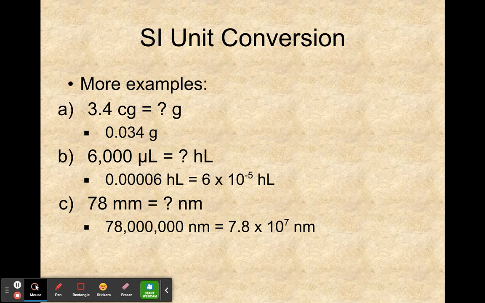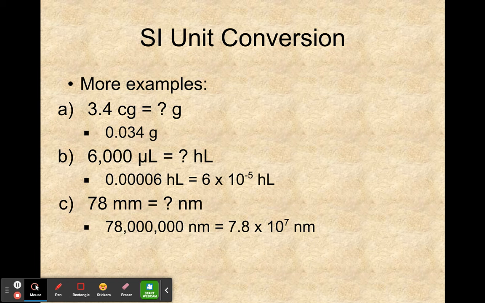So we're trying to go from 3.4 centigrams back to how many grams? So if we have 3.4, what is the prefix? What's the letter for centi? What letter if you're looking at your chart? Yes, lowercase c, right? So we find the lowercase c on here.